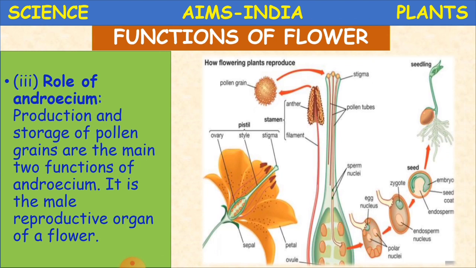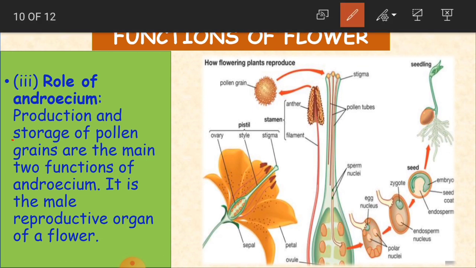Now let us see the role of androecium. The production and storage of pollen grains are the main two functions of androecium. So it is going to produce and store the pollen grains. These are the two main works of the androecium.